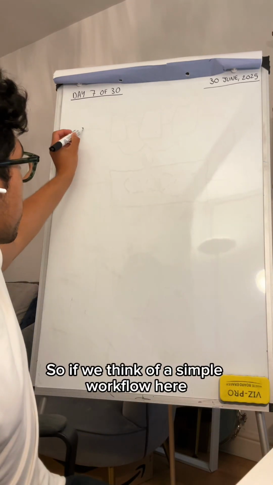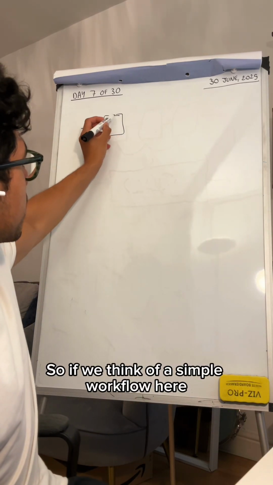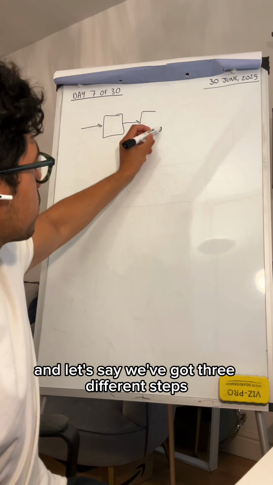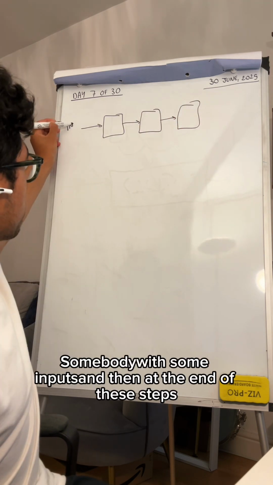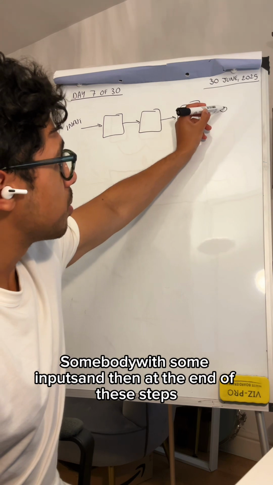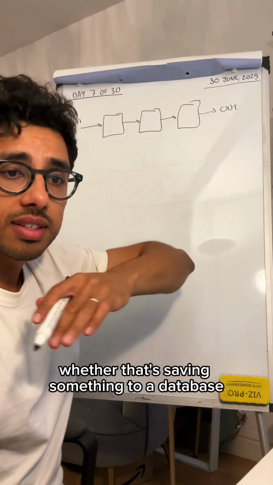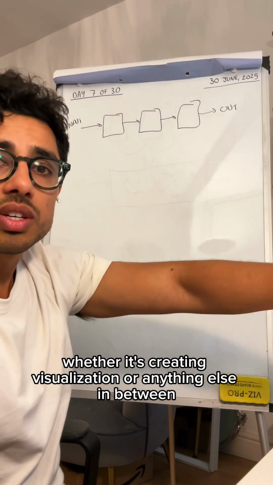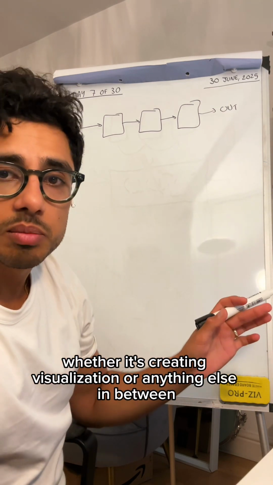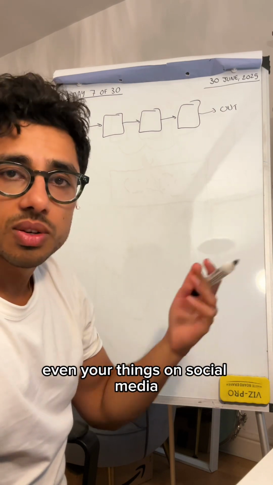So if we think of a simple workflow here, and let's say we've got 3 different steps. In each of these steps, you might have somebody with some input, and then at the end of these steps, you might get some outputs, whether that's saving something to a database, creating a visualization or anything else in between, even things on social media.